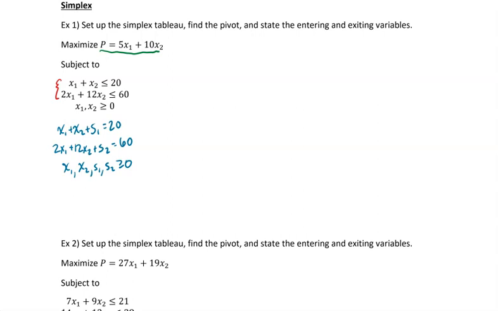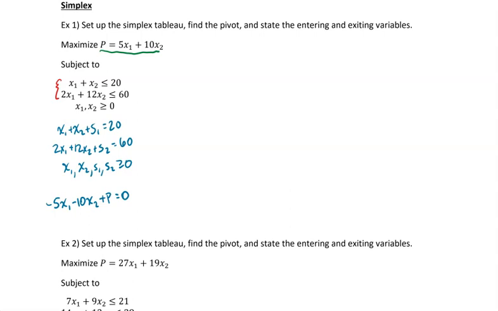So all that means is that we are going to be subtracting 5x1 from both sides, so minus 5x1, subtracting 10x2, so minus 10x2. P stays there, so plus P equals 0. Right? So we're just changing the signs of the variables that were on the right to be able to move them on the left with P.